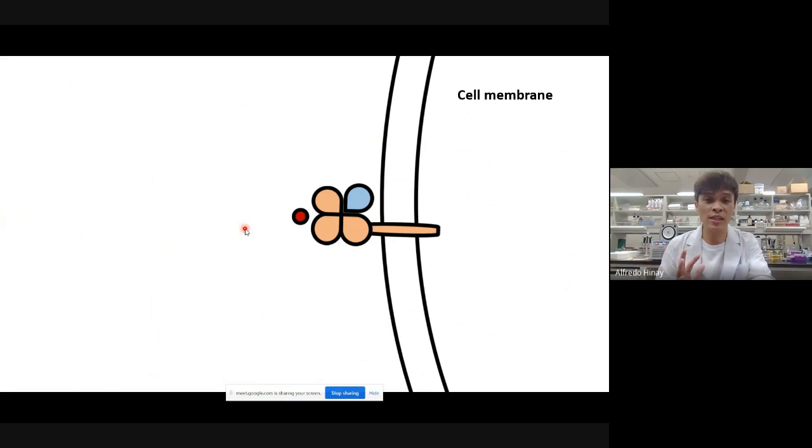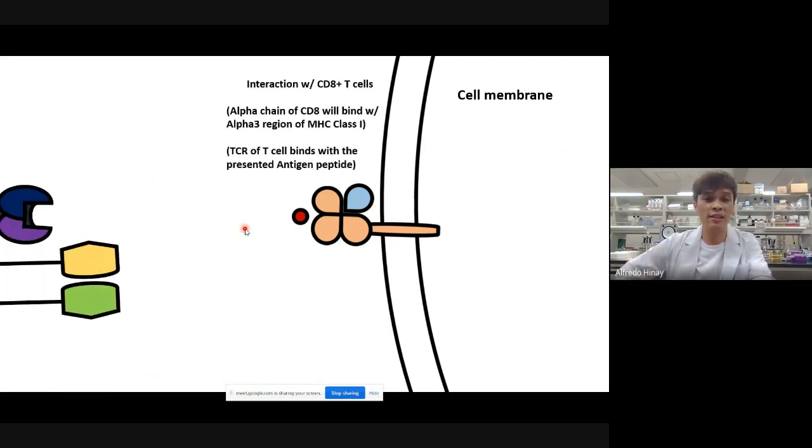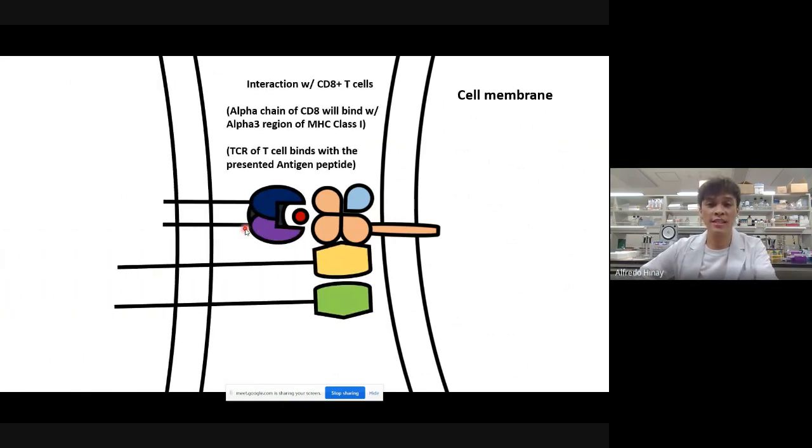So with your class 1 naman class, this will interact to your CD8. Okay, interaction with your CD8 cells. Ito yung CD8 natin class. And then you have your alpha 1 and alpha 2 that will present the antigen, and then your CD8 here class, your alpha 3 region of your class 1 will bind to your CD8. That's one.